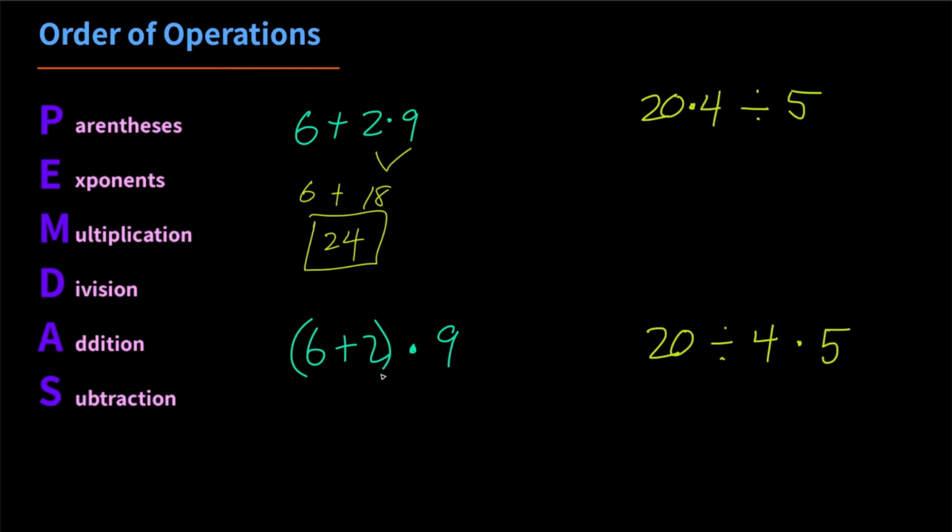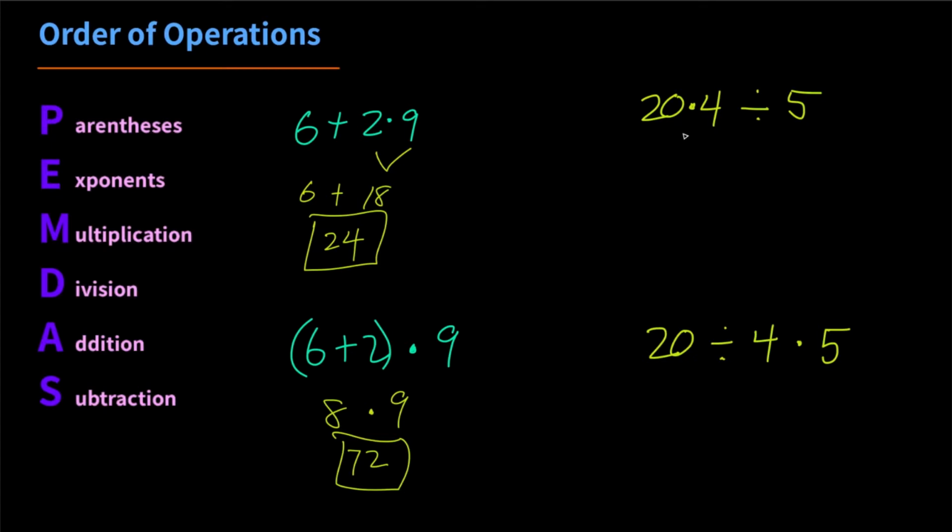We're going to add 6 plus 2 first. We're left with 8 times 9. And since there are no other operations, we can just multiply. 8 times 9 is 72. If we compare these two answers, they use the same numbers and operations, but we can see that having this grouping symbol can change our numbers significantly.